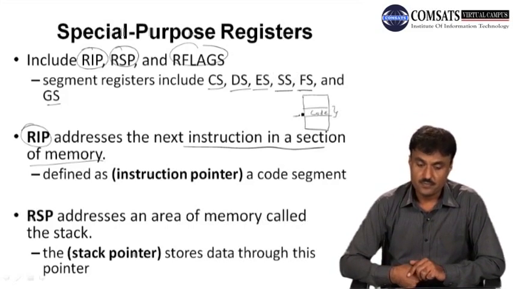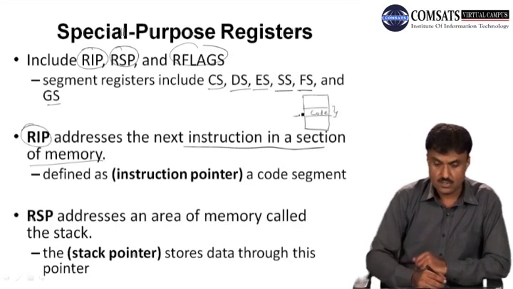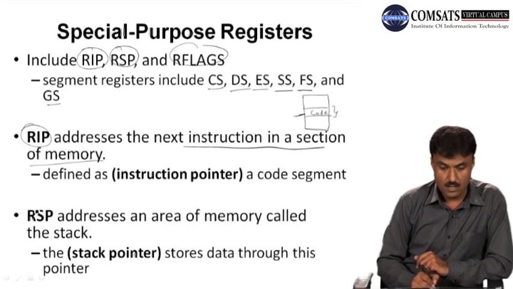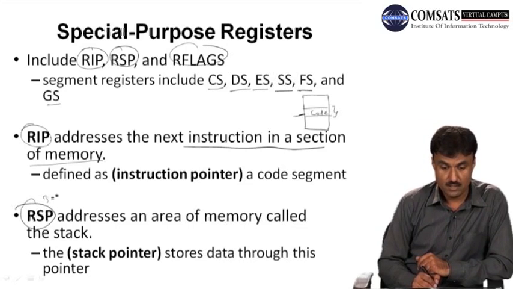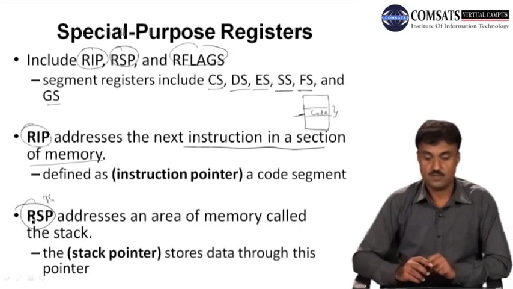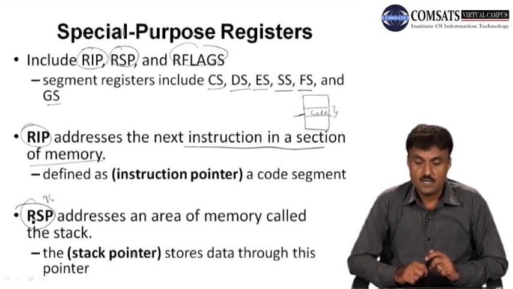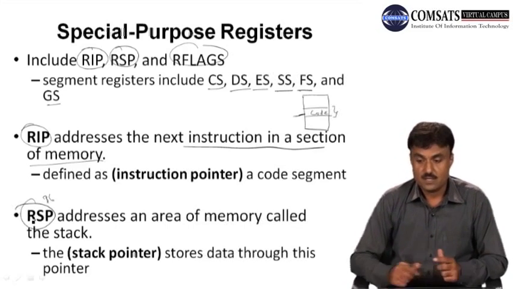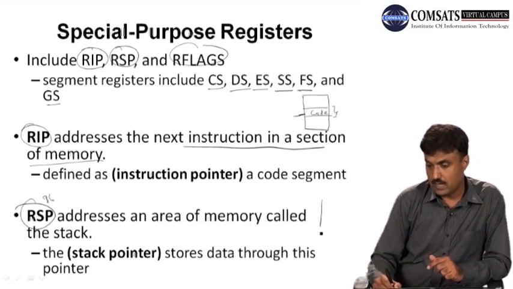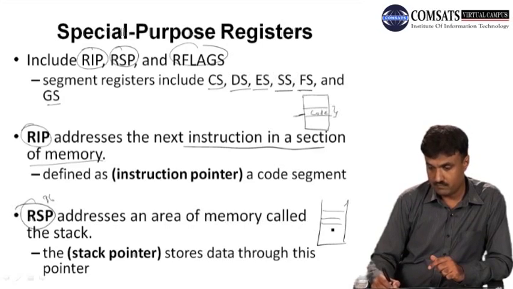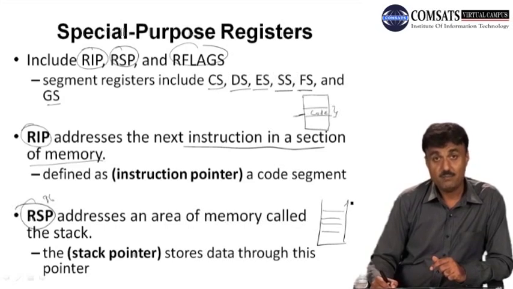Then we have the stack pointer. That register is called SP in 16 bit, ESP in 32 bit, and then RSP for 64 bit. It addresses an area of memory called the stack. As we all know, stacks are stored in memory.